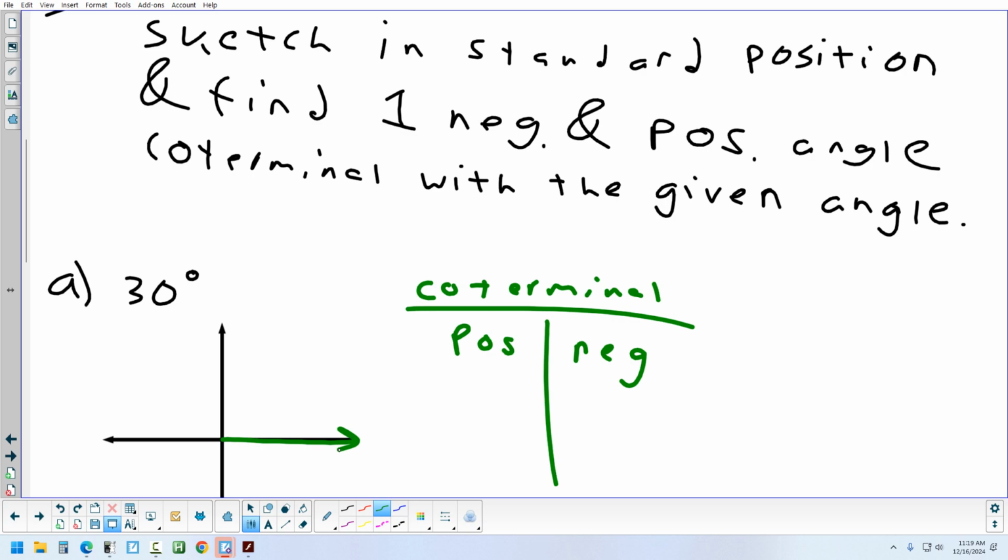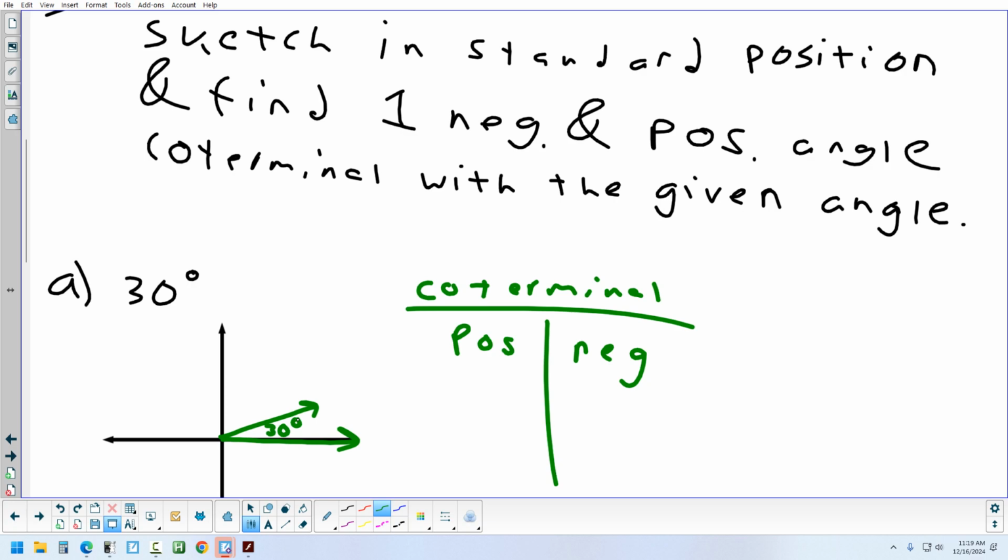Where would 30 degrees be? Which quadrant? Definitely one. Let's just kind of ballpark it. Is it closer to the y-axis, closer to the x-axis, or right in the middle? Between the middle and the x-axis. Yeah, it's closer to the x-axis. So that's probably a little too close, but that's the idea. So 30 degrees.